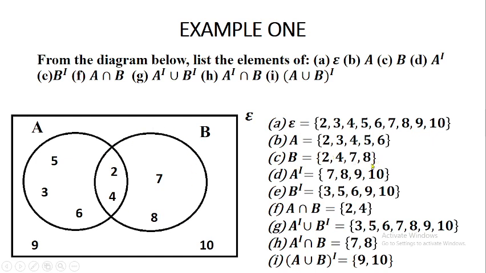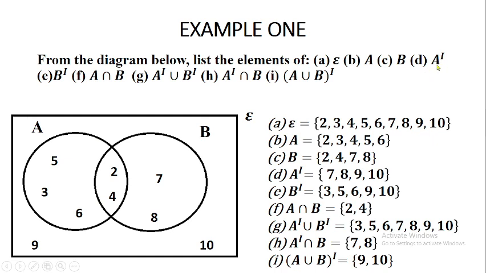2, 4, 7, 8. Now let's go to question number D, A complement. You have to list the elements of A complement. Don't forget that the elements of A complement are the elements in the universal set that are not in set A. So remove this circle of A completely, as if it is not there.